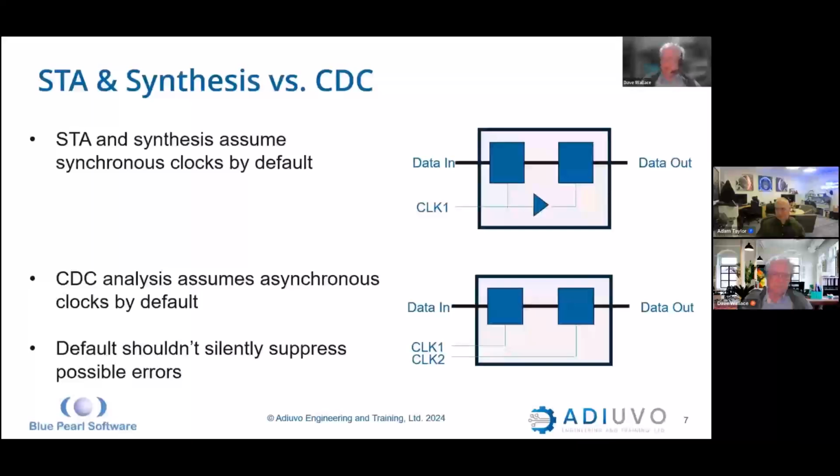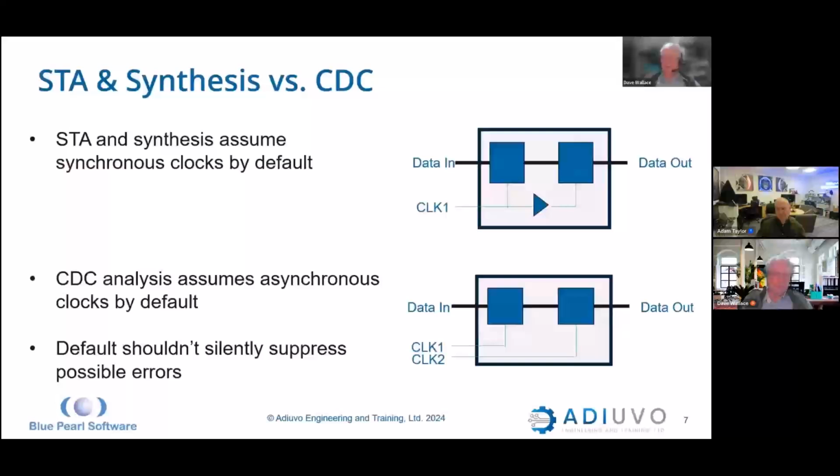CDC analysis, on the other hand, is focused on what's going on with the asynchronous clocks. Are the paths between asynchronous clocks properly synchronized or not? And in this case, you basically want to know about cases where clocks might be asynchronous. You don't want to have the clocks be synchronous by default because that would shut the tool up about things that could later be a real problem.